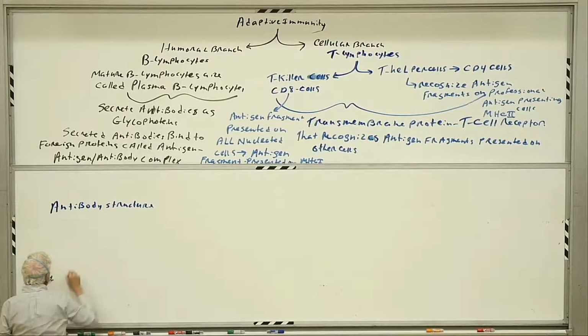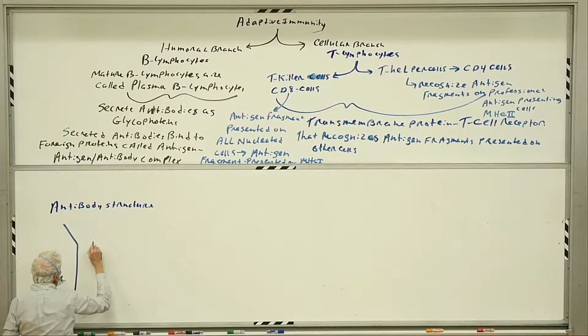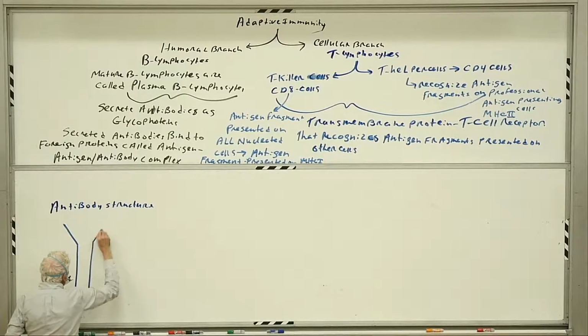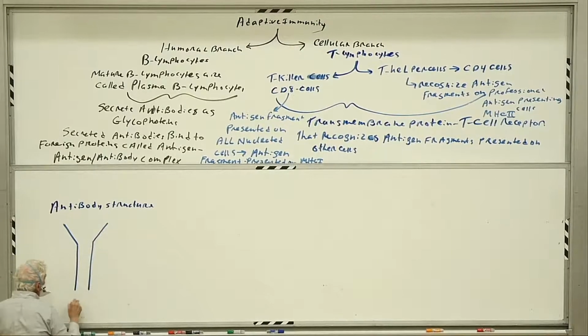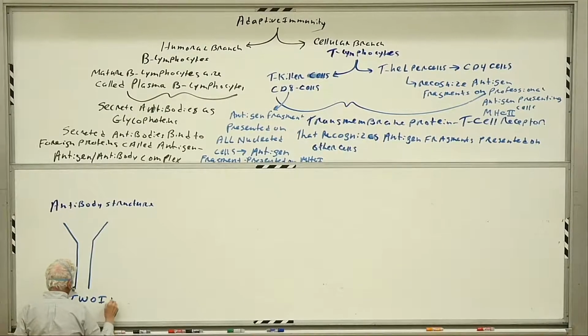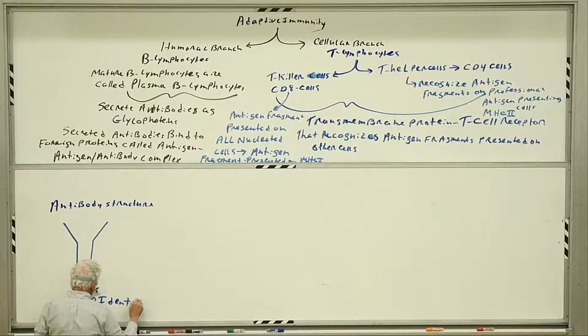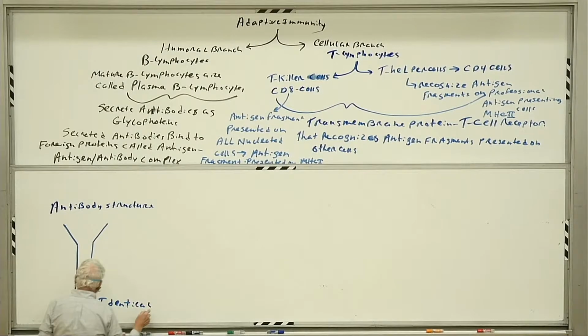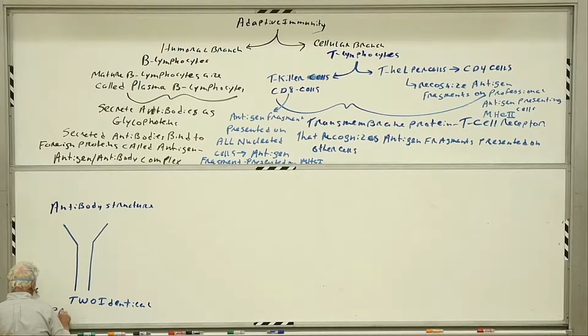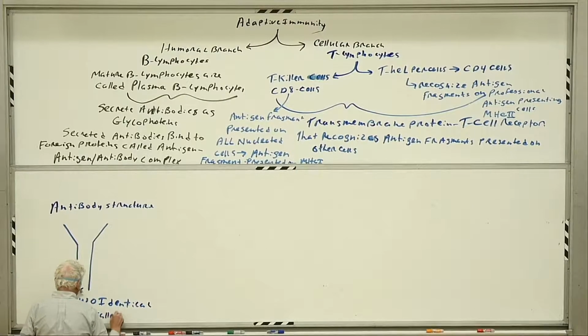When we look at one of these antibodies, we're struck by the idea that they're always shaped like a Y. And they have these two identical proteins called heavy chains.